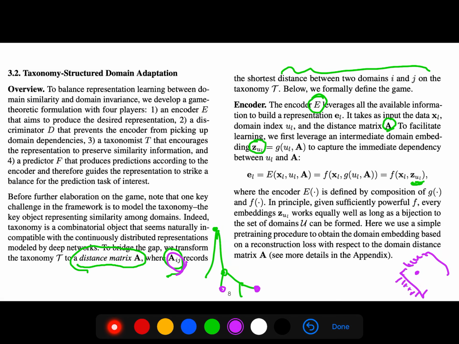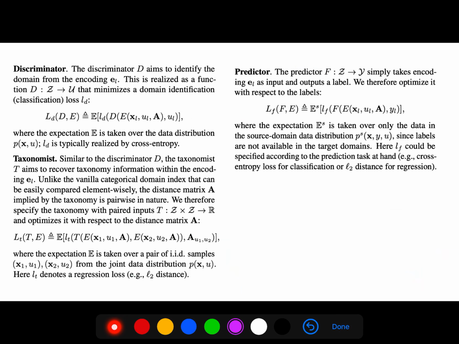So in principle, given sufficiently powerful F, every embedding works equally well as long as the bijection to a set of domains can be formed. Here we use a simple pre-training procedure to obtain the domain embedding based on a reconstruction loss with respect to the domain distance matrix.